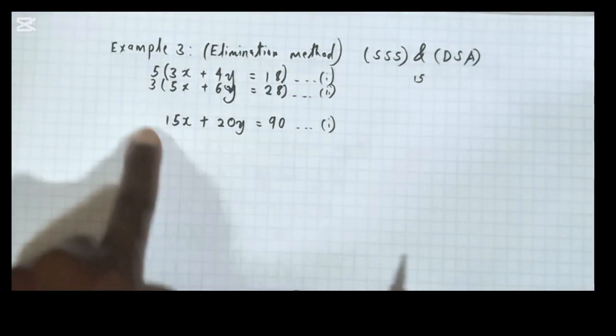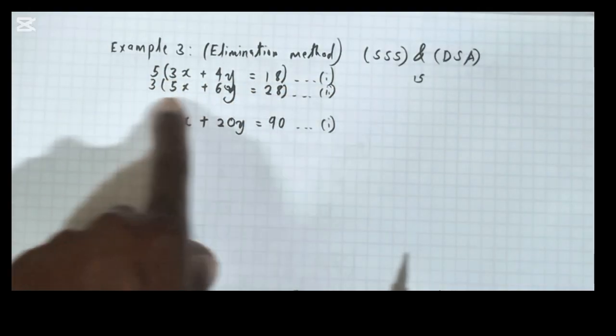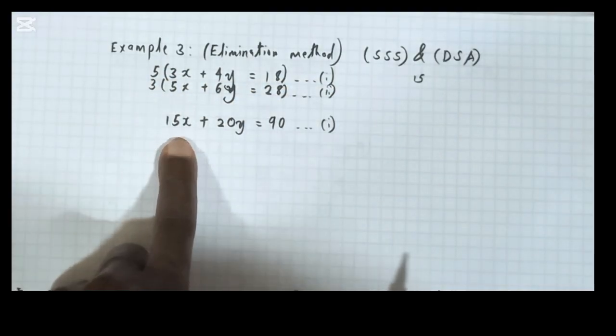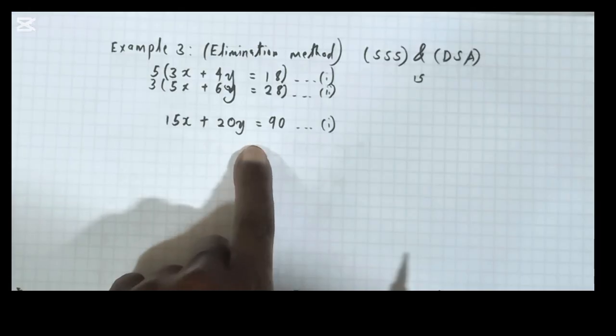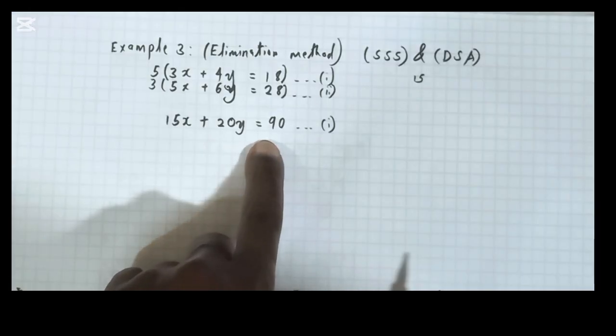So we've taken 5 times every term in equation 1, and so we have 15x plus 20y being equal to 90.